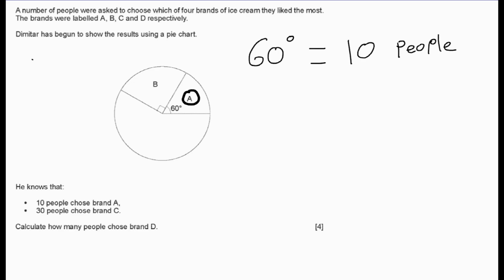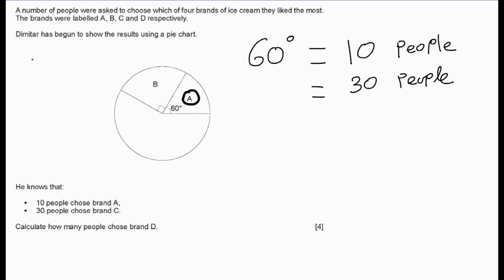If I'd like to work out how many people chose brand C, so first of all we'll do B and then we'll do C. To work out how many people chose brand C, well, if 60 degrees is 10 people and 30 people chose brand C, then brand C is going to be 10 times 3 is 30, 60 times 3 is 180.